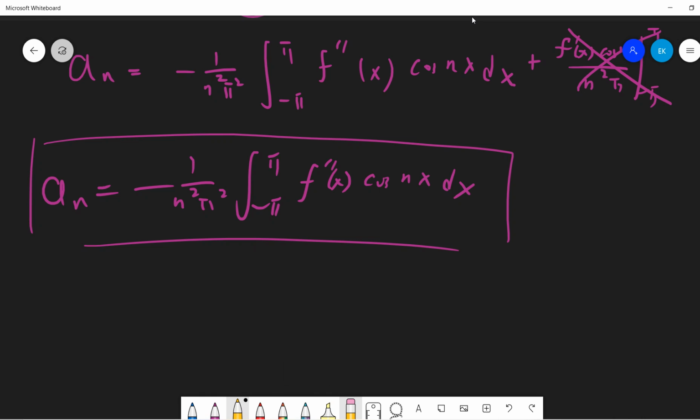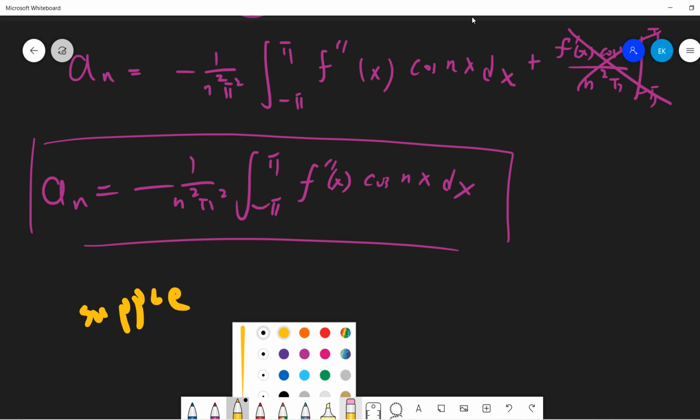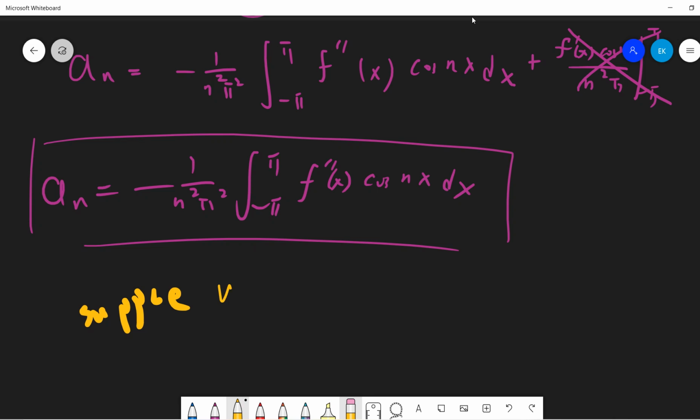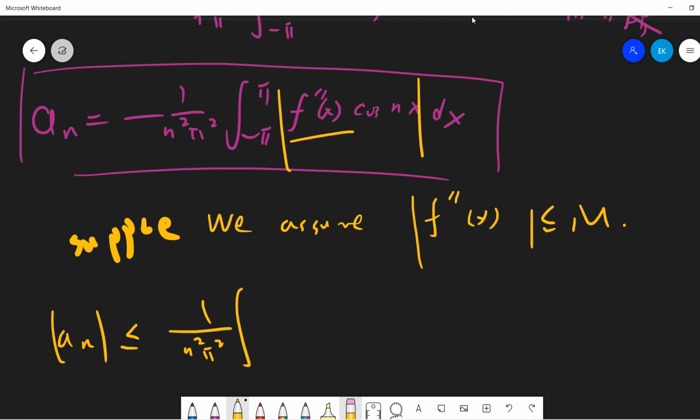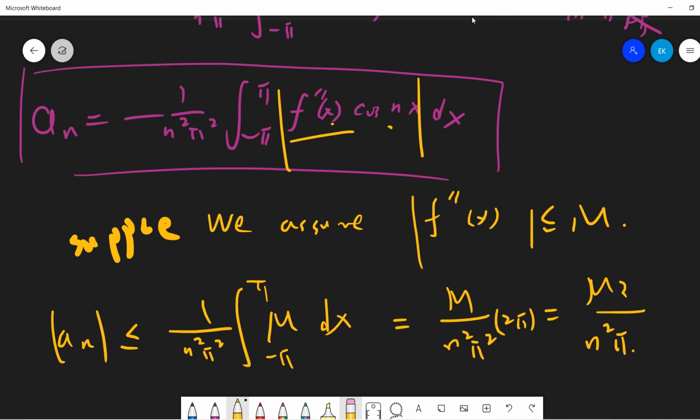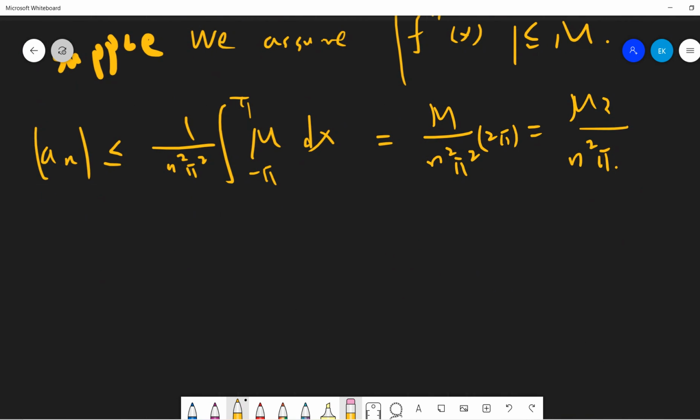Then suppose we assume f double prime of x is bounded by M. Then a n will be bounded by M times the length of the interval, 2 pi, divided by n squared pi, so 2M divided by n squared pi.